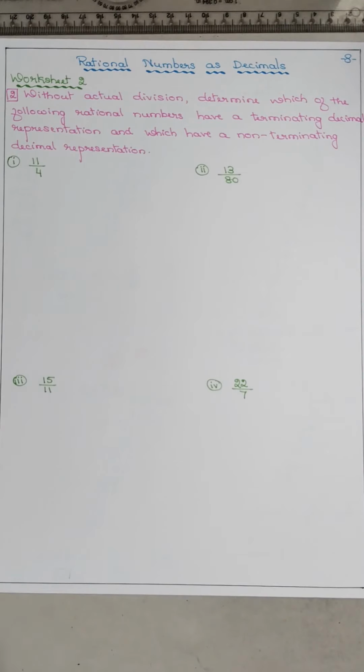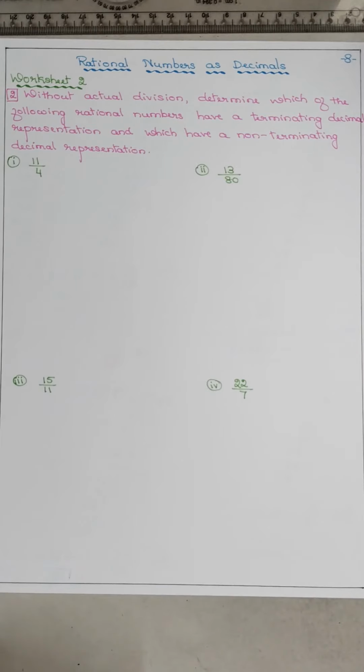In the first sum by long division, you have seen some were terminating decimals and some were non-terminating and repeating. So now without actual division, we have to see whether it is terminating or non-terminating.